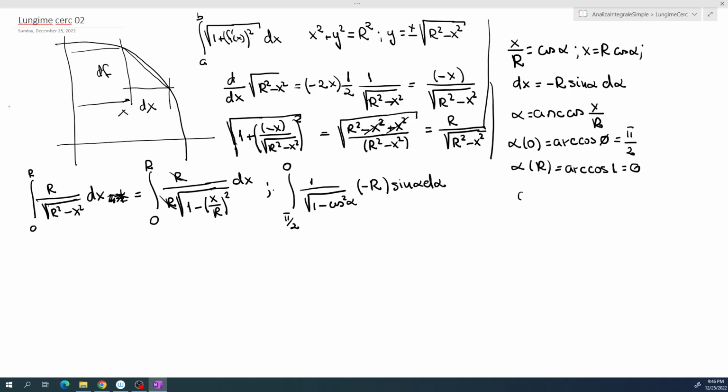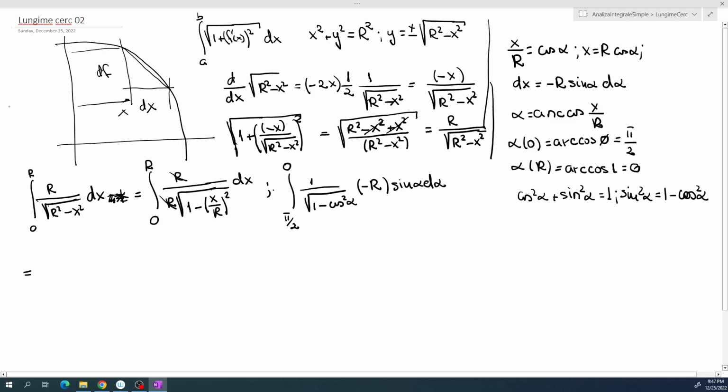I have cosine squared of alpha plus sine squared of alpha equal 1, and then sine squared of alpha is equal with 1 minus cosine squared of alpha.